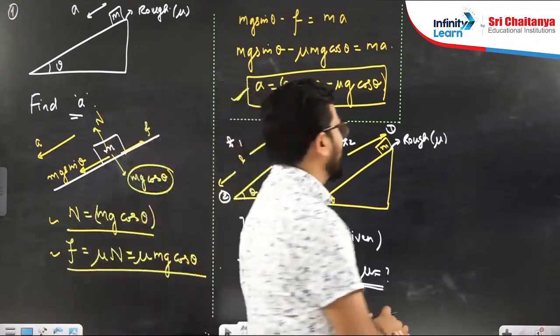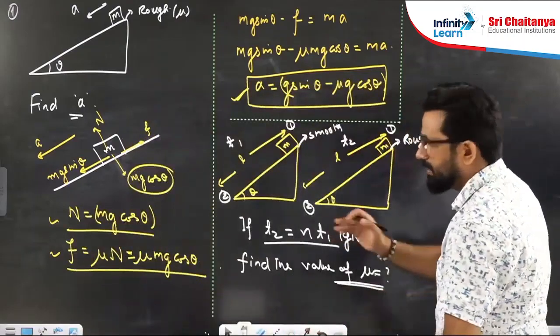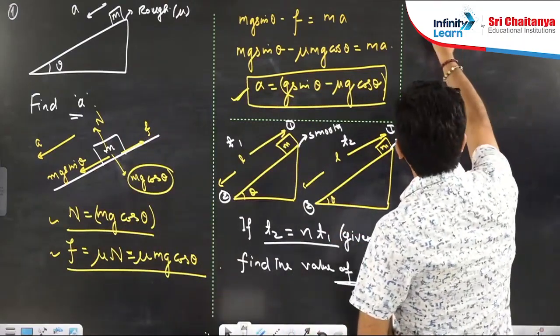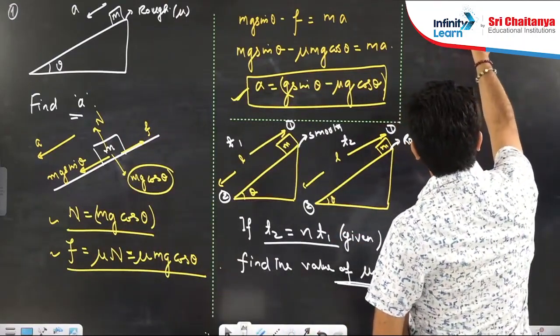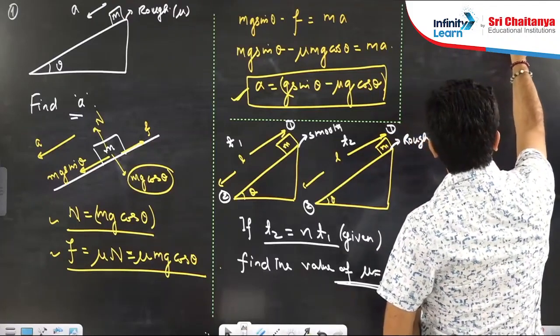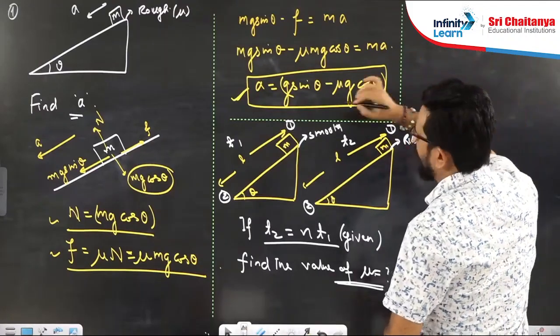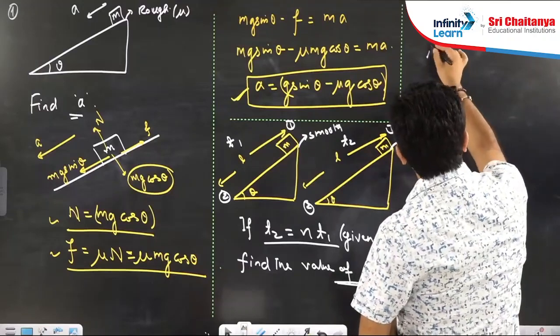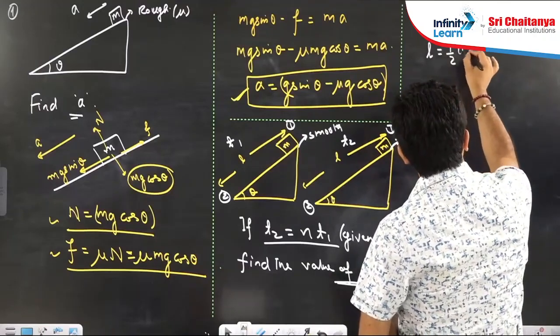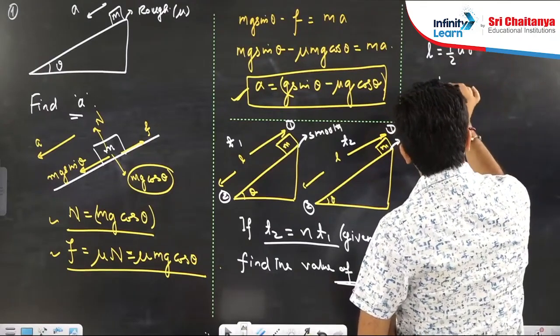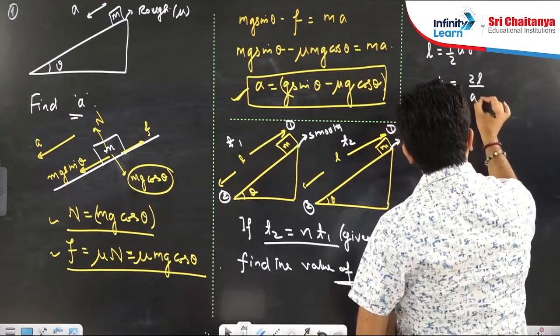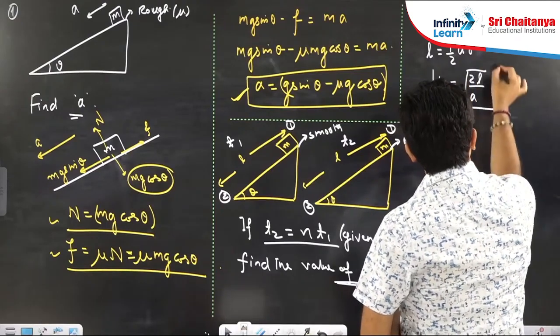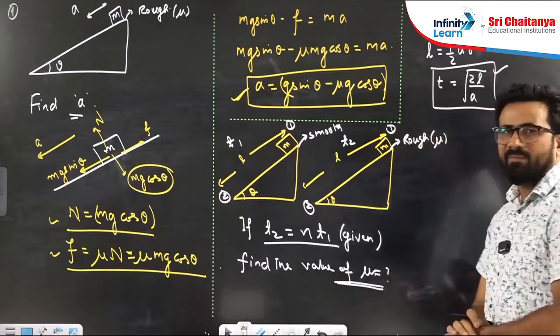Using the second equation, x equals ut plus half at square, with u equal to 0 because it starts from rest, the length L equals 1 by 2 a t square, that means t is equal to under root of 2L by a. We can use this formula to calculate t1 and t2.